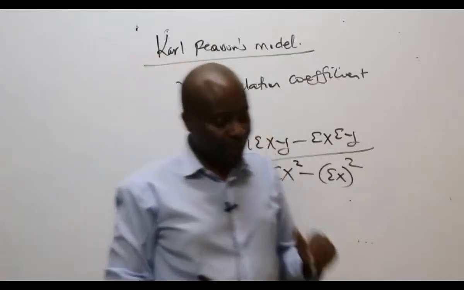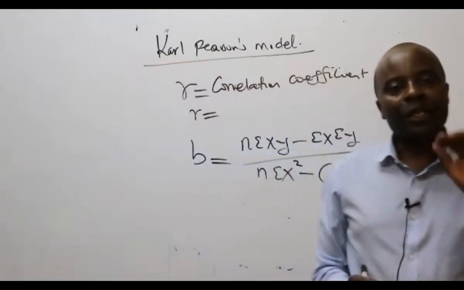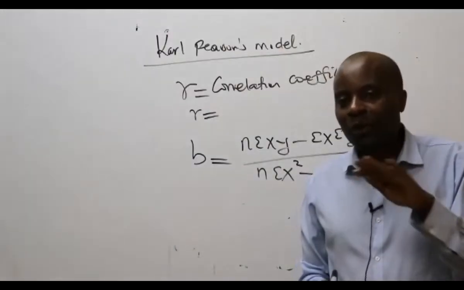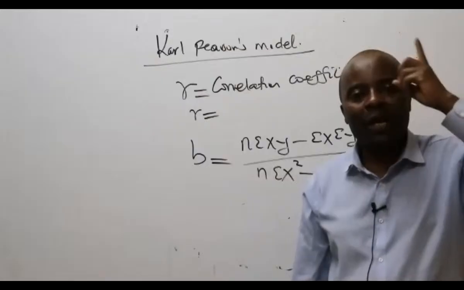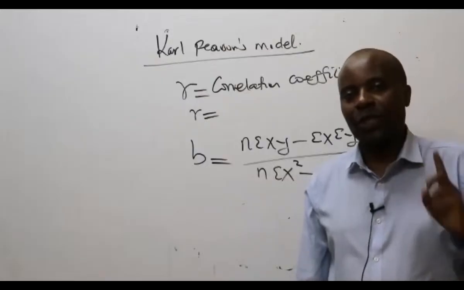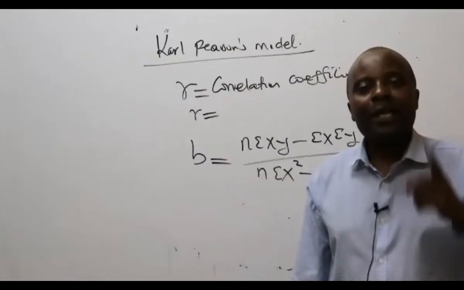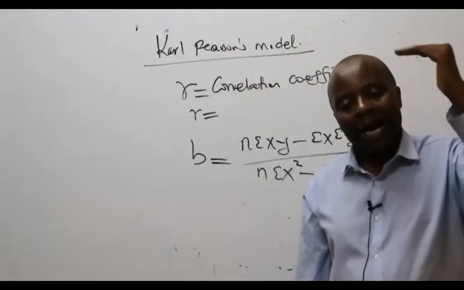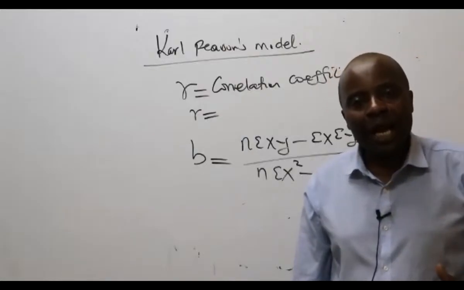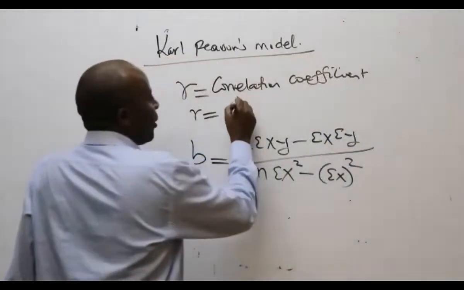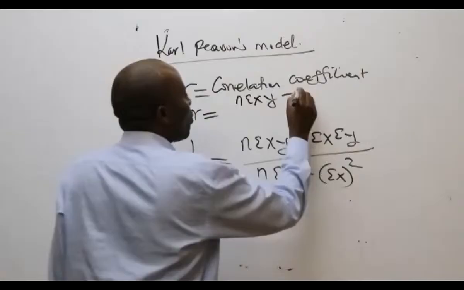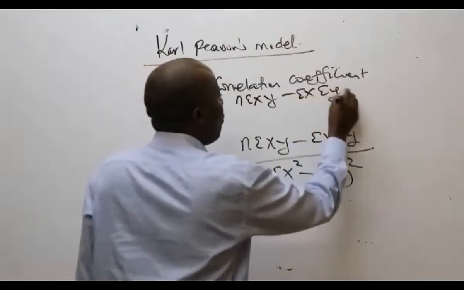Ladies and gentlemen, let me repeat this. I may forget about many things, about these formulas, but one thing that will never, ever escape my memory is that the numerator of R is the same as the numerator of B. So the numerators are the same. So we have here n summation of xy minus summation of x, summation of y, all over.